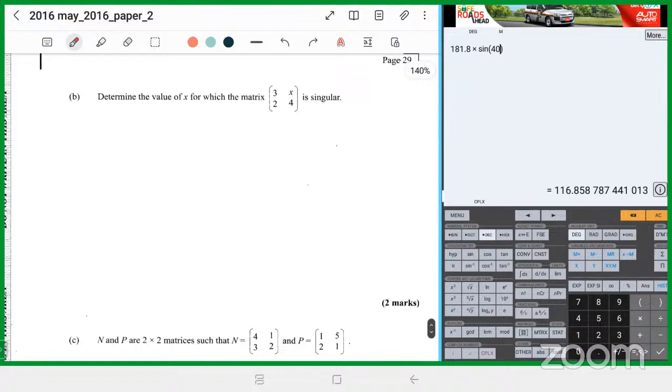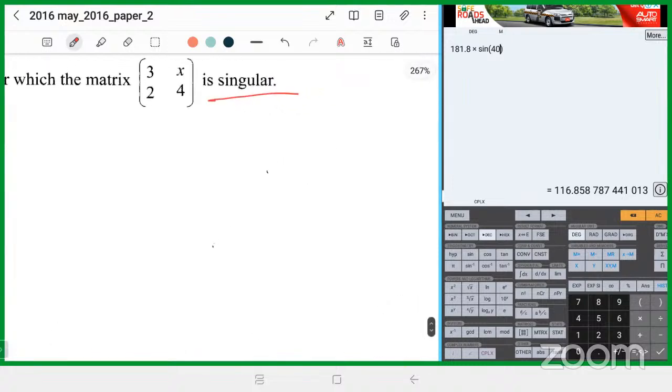It says determine the value of x if this is singular. Remember, a singular matrix has no inverse, because the determinant is equal to 0.